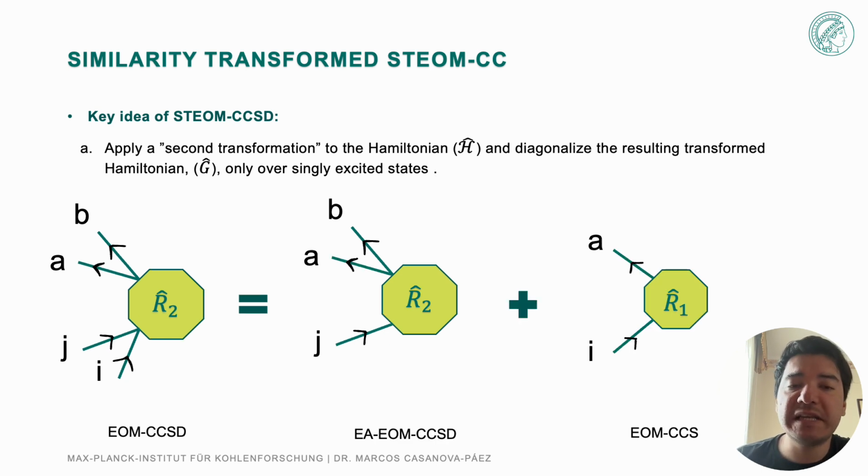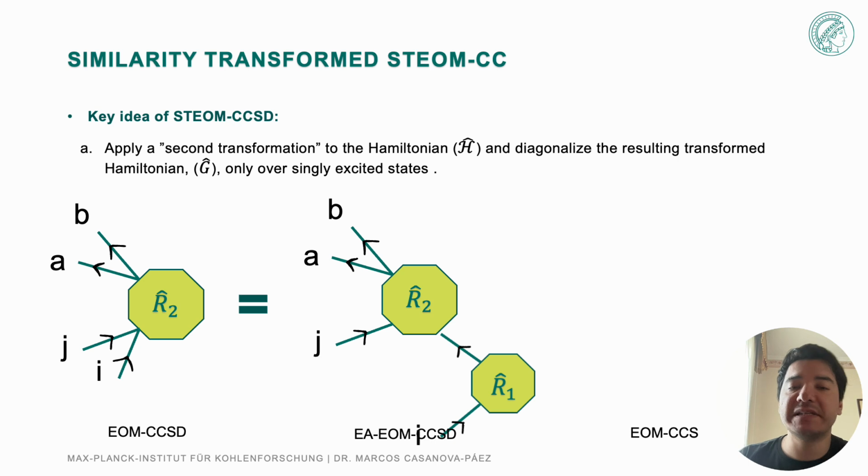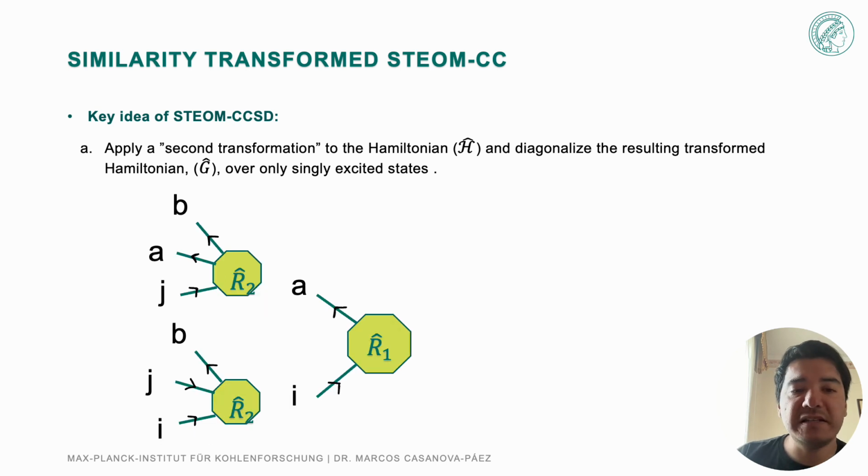And you can repeat the same idea, but now using the electron attachment. So if we do exactly the same and we put them together, you can see that you have the same on both sides again. However, the similarity transform equation of motion still has another possible combination, which is actually the key of the success of this method. And this is by using the IP equation of motion, the EA equation of motion, and the single excitation all at the same time.